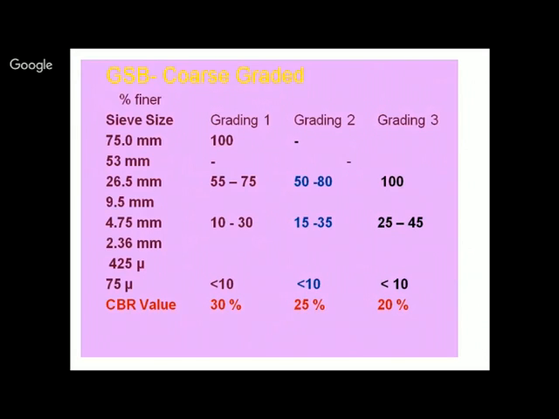So this gives you much more flexibility and leverage because you have to only satisfy 3 to 4 sieve sizes. So compared to the close graded, it can be very easily met with. Now if it is so, then do we compromise on the strength? No, we don't, because the CBR value specified or required are same as were for the close graded.